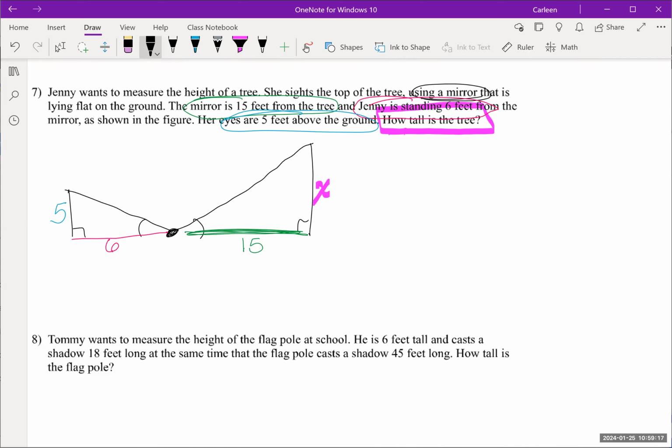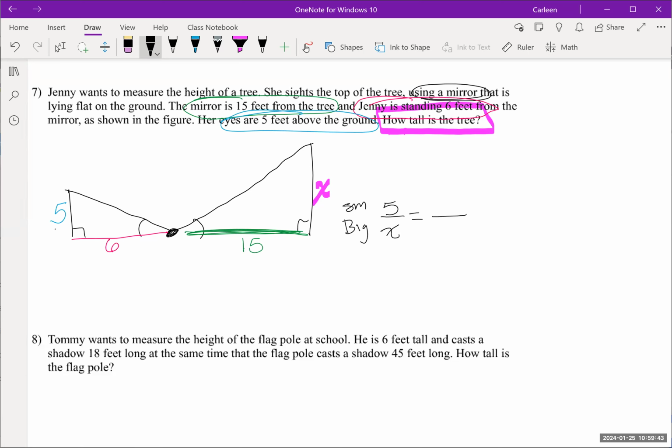So let's go small to big. 5 over, okay. So there's 2 ways you can write your proportion. What do you guys want to put down here? You want to do X? Okay, 5 is to X. So that is small to big.